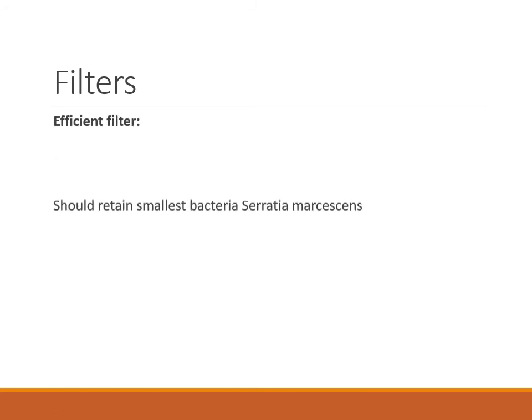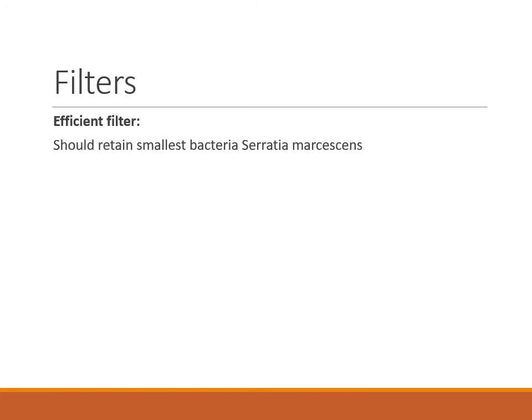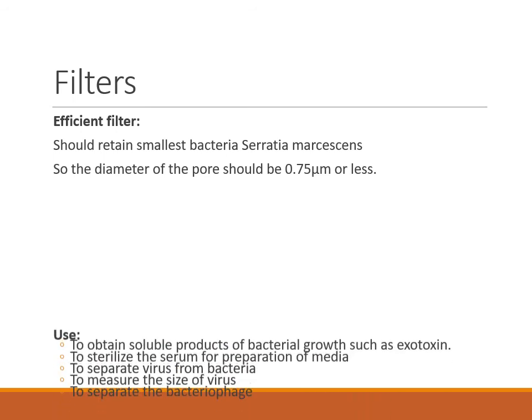Then the filters. An efficient filter means one having a specific characteristic, like it should retain the smallest bacteria like Serratia marcescens. So the diameter of the pore should be 0.75 micrometer or less.